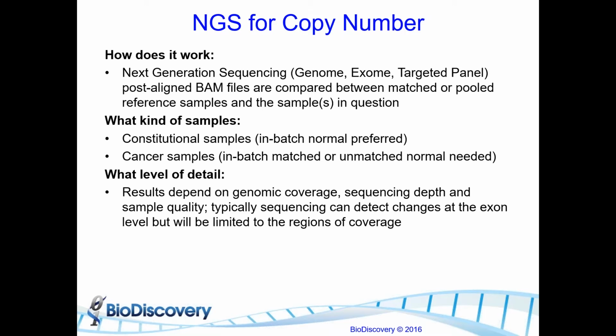Exome is really going to be targeted just to the exons, so we are not going to have any capture of any changes that are in intergenic or intronic regions. And targeted panel will typically offer us a very rich level of detail, but only for specific genes. This may cover both introns and exons within those gene regions, but it is going to be targeted to a specific set of typically 50 to upwards of 500 genes.